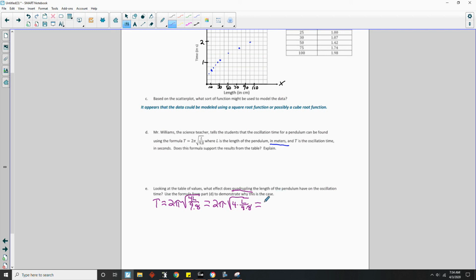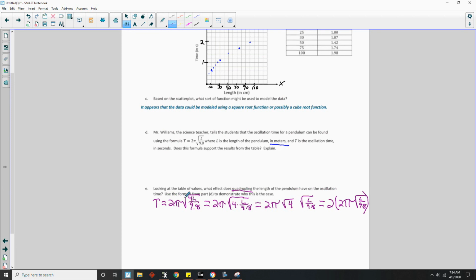I can split up square roots when I have multiplication, so this could be 2 pi times the square root of 4 times the square root of L over 9.8. But the square root of 4 is 2, so I took the square root of 4, which is 2, and brought it down in front, and then 2 pi times the square root of L over 9.8.